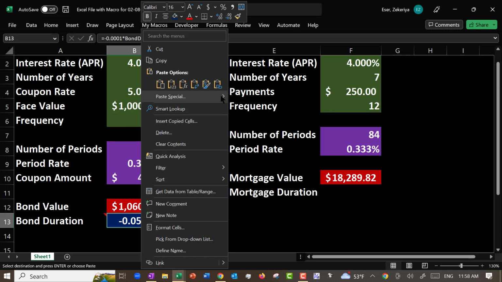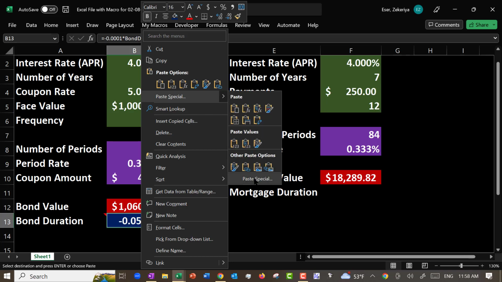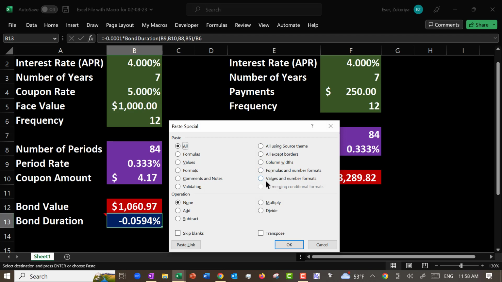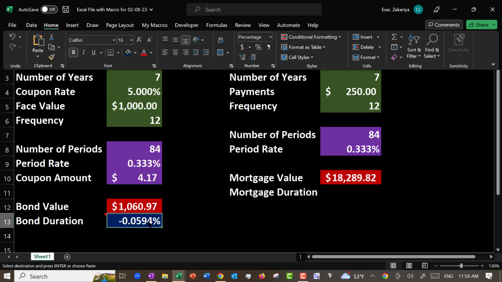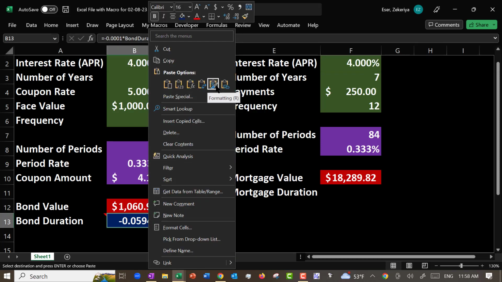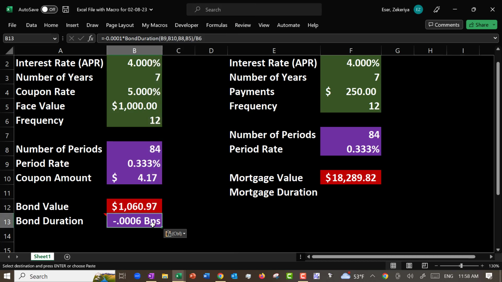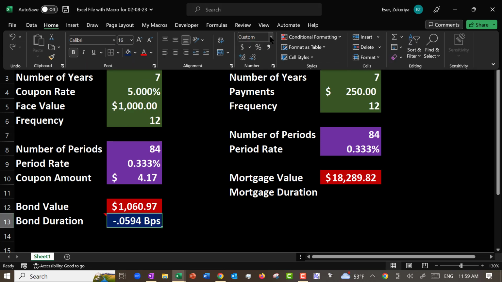Very special. Just the formatting. Oh, since I'm doing it as BPS, this is going to be, let me actually make this.